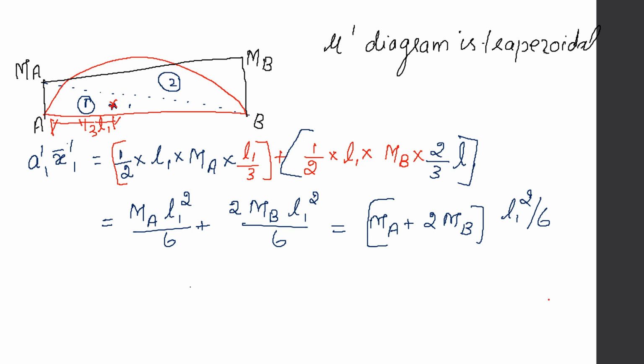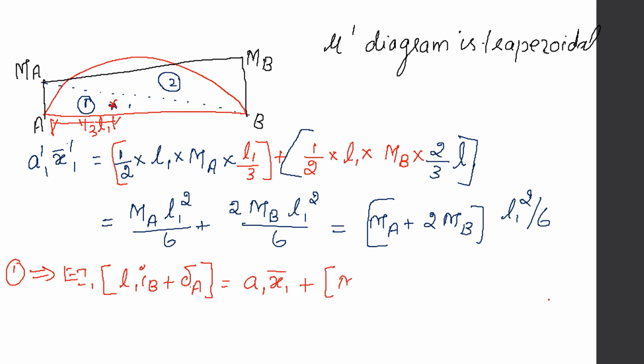Okay, so now our equation becomes EI1 into L1 into IB plus delta A is equal to A1 x1 bar plus MA plus 2 MB into L1 square by 6. That is A1 bar, A1 dash x1 dash bar.